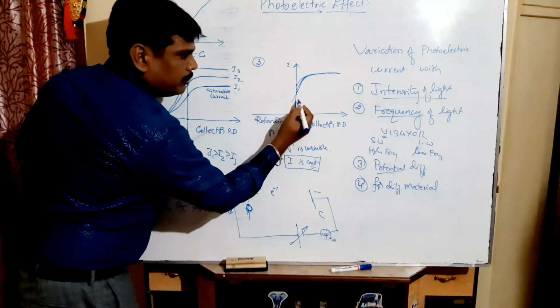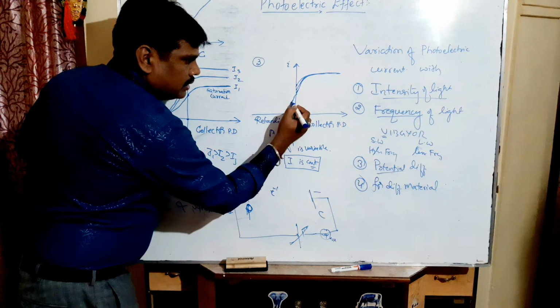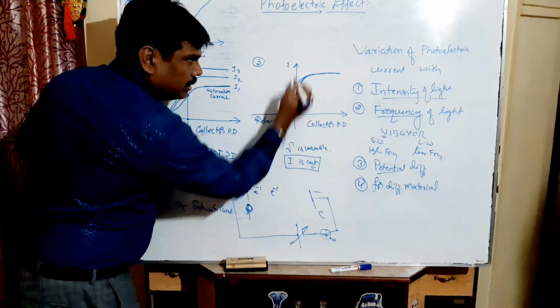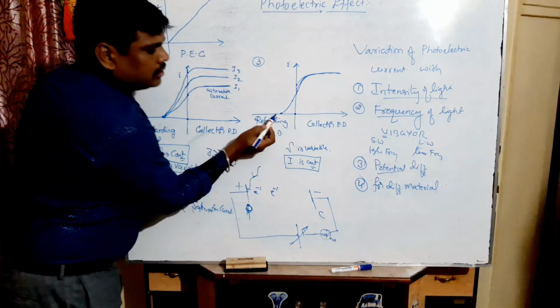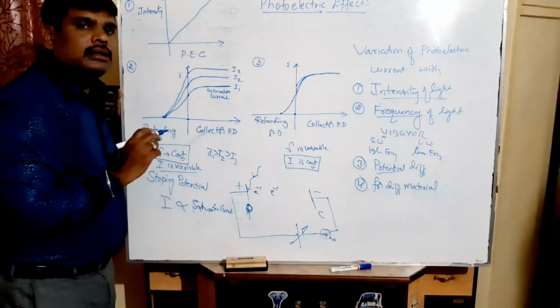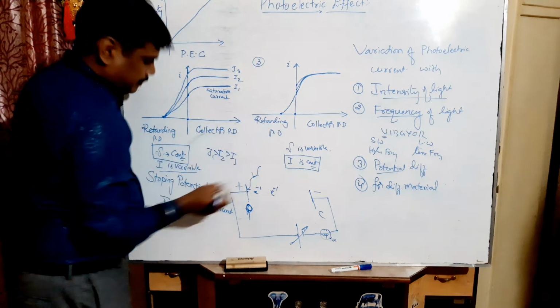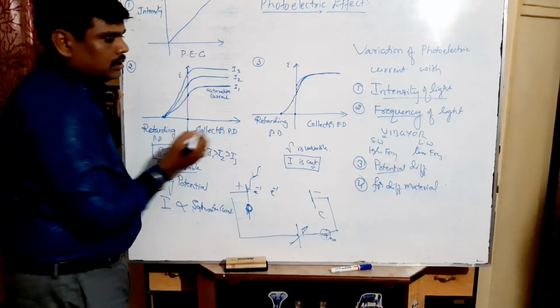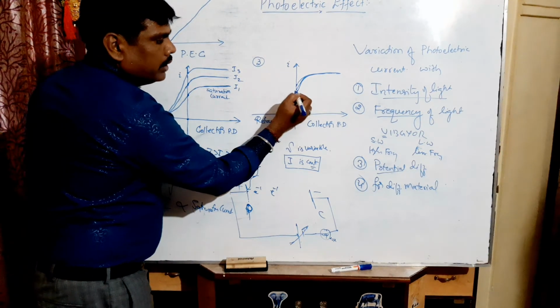So when the retarding potential increases in the reverse direction, the photoelectric current goes on decreasing and finally becomes zero. This point is called the stopping potential. This is the stopping potential for the frequency nu1.